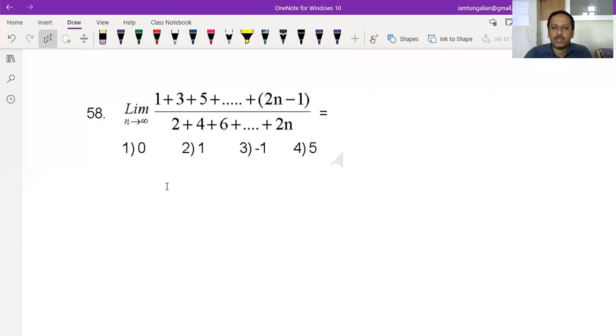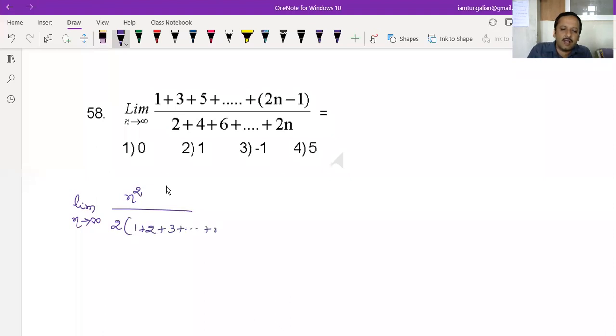Now 1 + 3 + 5 up to 2n - 1 is nothing but the sum of the first n odd natural numbers, which is equal to n². In the denominator, I will take 2 into (1 + 2 + 3 up to n).